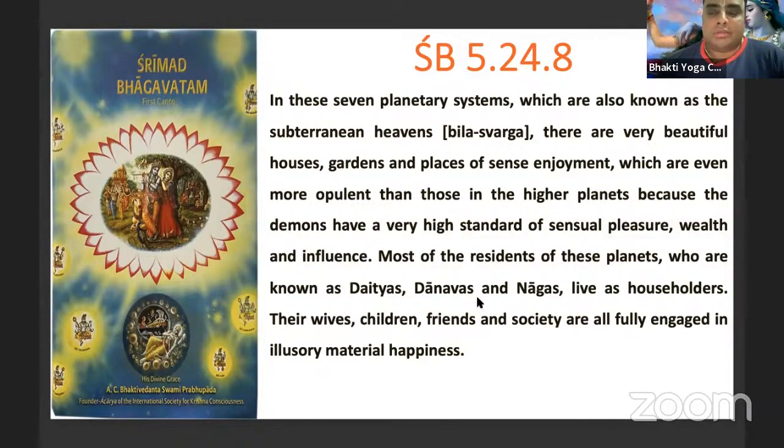So, normally the general understanding is that those who are demoniac, or later, as we shall see, even from the Gita, there's this description regarding the modes of material nature.